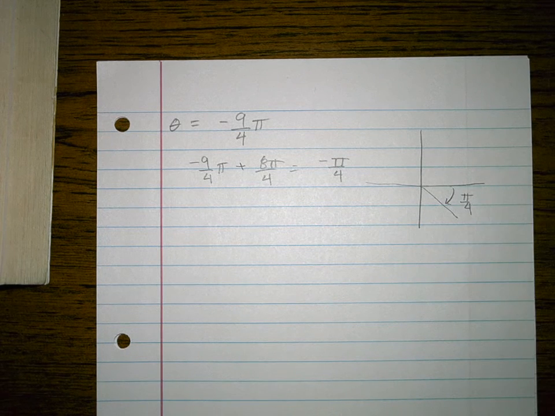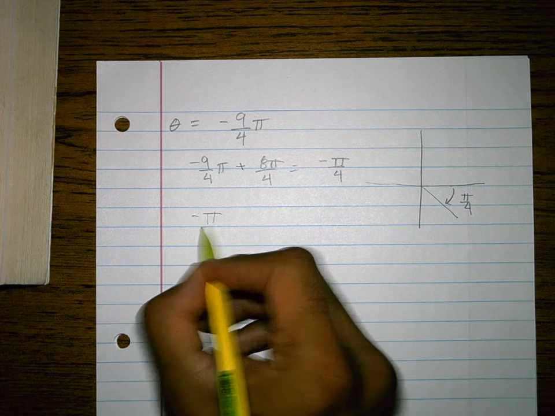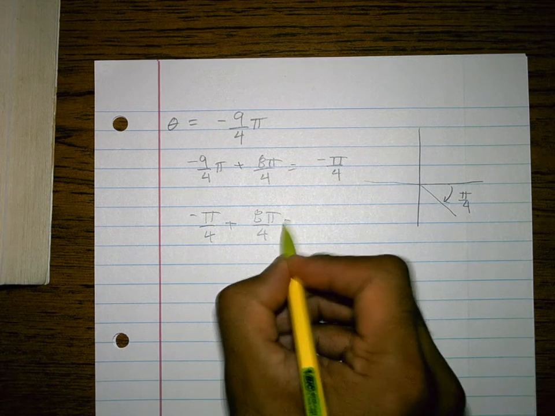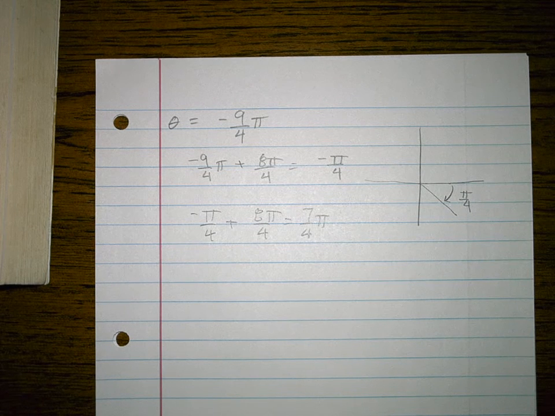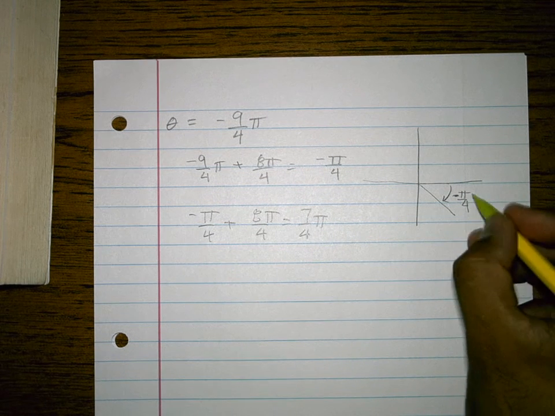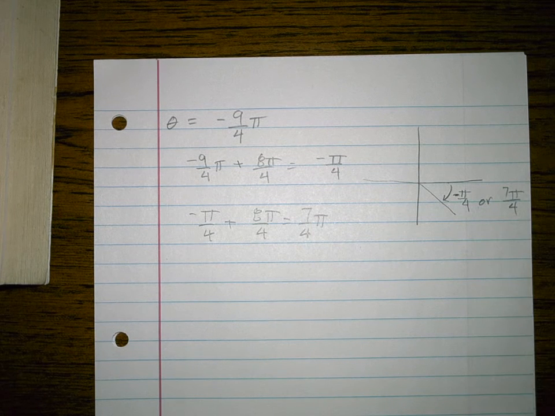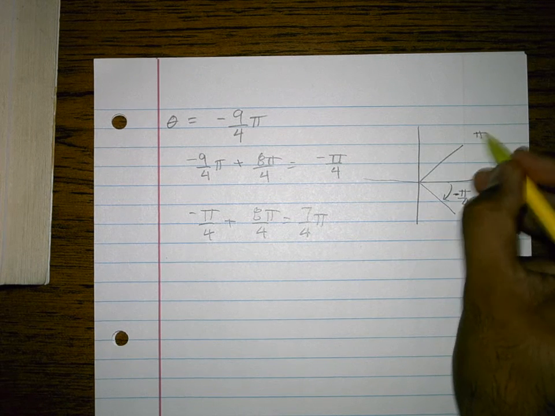If I add a 2 pi just to figure out what it is, it's 7 pi over 4. So that's negative pi over 4, or I could say 7 pi over 4. We realize that the reference angle is pi over 4.